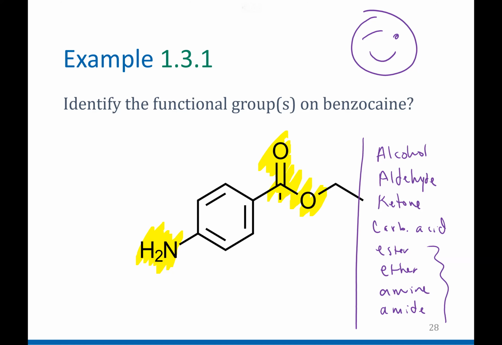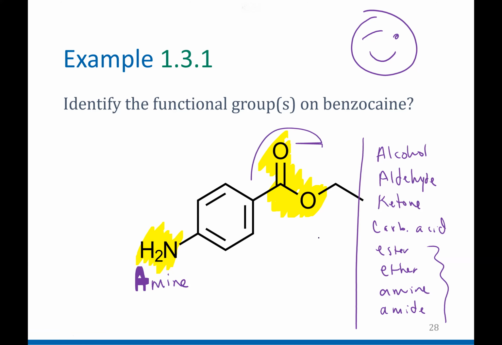And this is a good question because a lot of students get confused. A lot of students will say, okay, well, let me, oops, sorry. I didn't mean to do that. So this is an amine, not an amide.